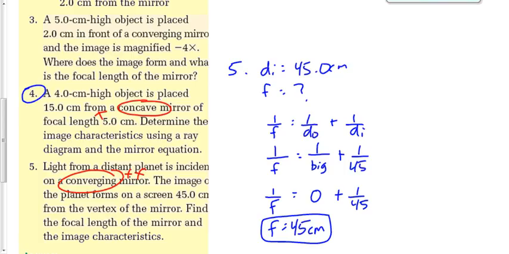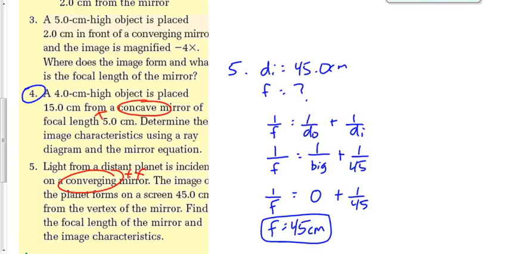Because the rays of light coming off of that far off object and making it through the lens were parallel to each other and parallel to the principal axis. There's not much else that's further away from us than a planet. So if we focus our lens, or our mirror in this case, on the far off planet, then those rays will be parallel to each other and parallel to the principal axis.